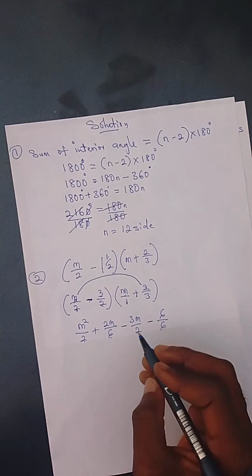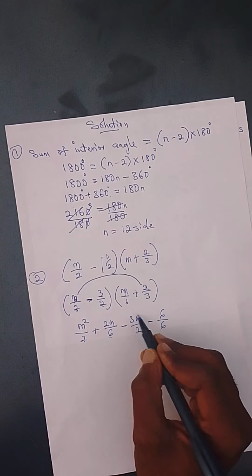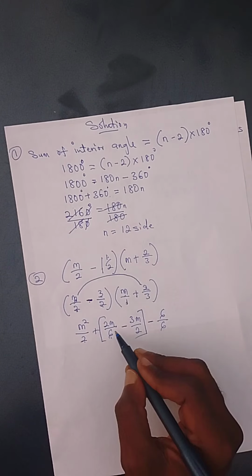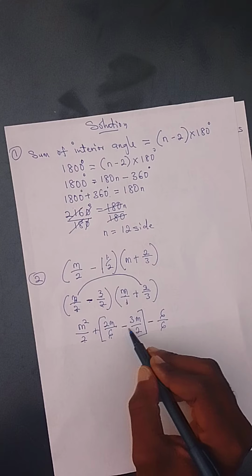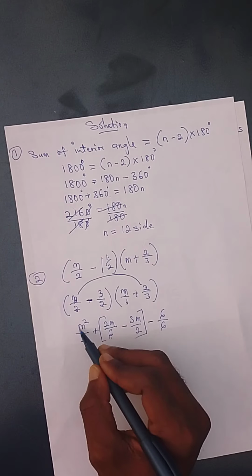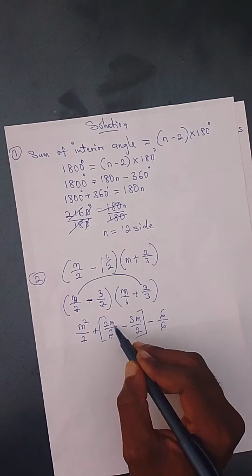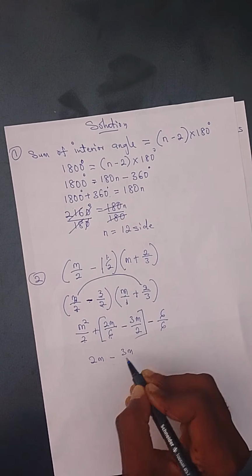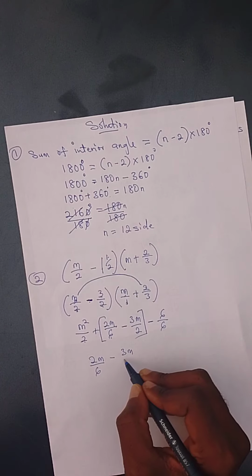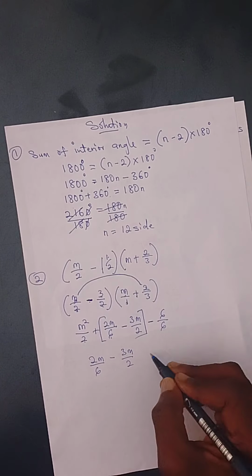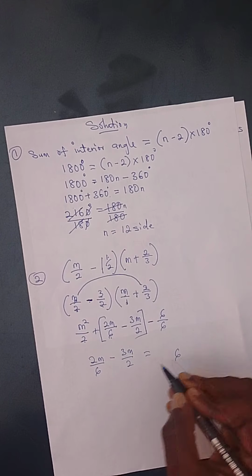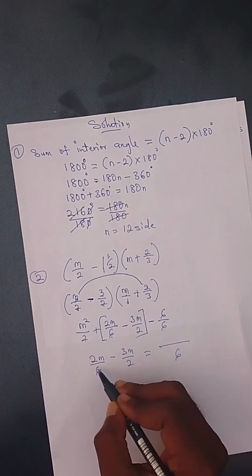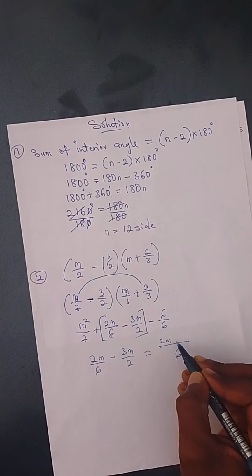So if we are finding the coefficient of m, we need to deal with the m variables. Those terms that have letter m, that's what we'll deal with. So we don't need this m square. So now we pick 2m minus 3m, all over 6, since the LCM is 6. 6 goes into 6 one time, 1 times 2m gives us 2m.